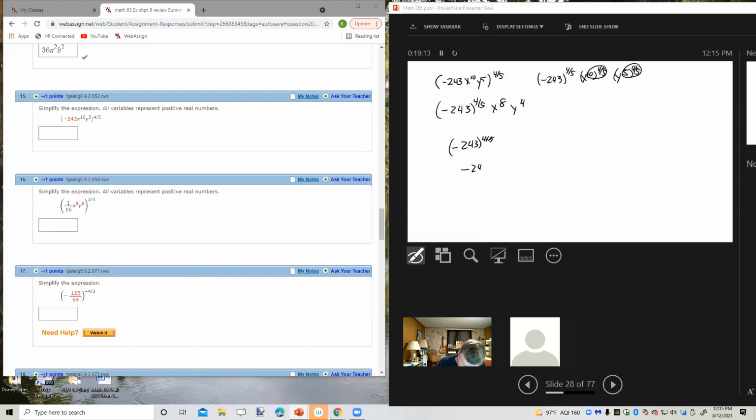But negative 243 to the 4/5 power is like negative 243 to the 1/5 power and then raise it to the 4th power. So if I take negative 243, oops, I changed it to a 5 there. That's not a good thing. Let's clean it up here.